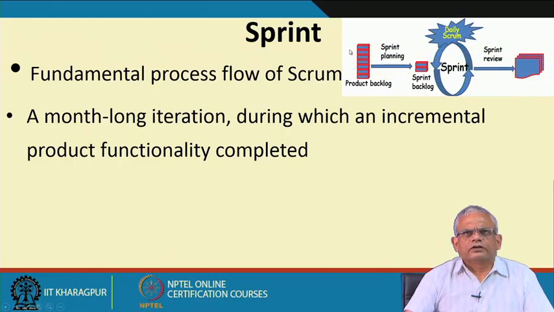The product backlog has all the story points or the features to be developed, and during sprint planning the objectives for a sprint are identified. This is called the sprint backlog.